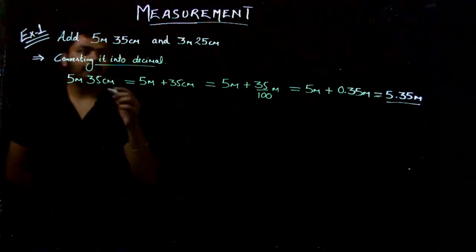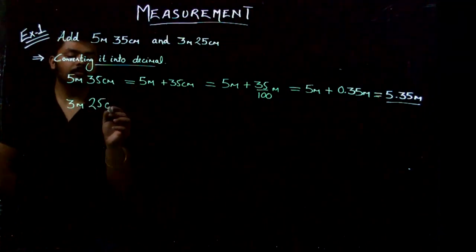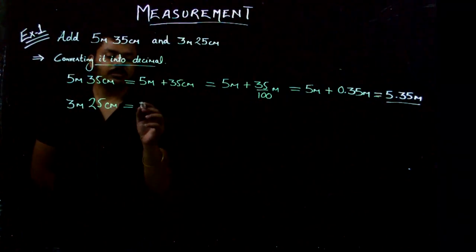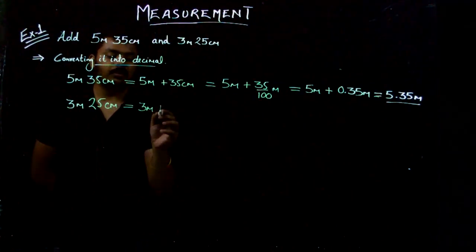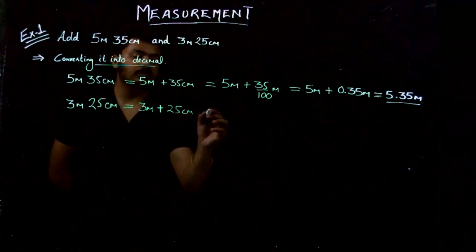Similarly, 3 meter 25 centimeter can be written as 3 meter plus 25 centimeter.